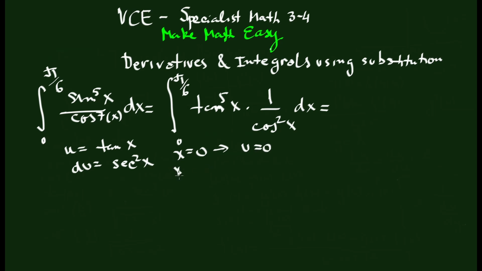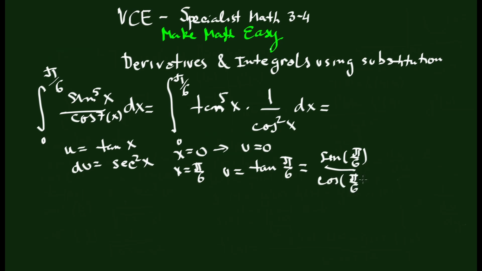So for x equals pi over 6, then u becomes tangent of pi over 6, which is sine of pi over 6 divided by cosine of pi over 6.